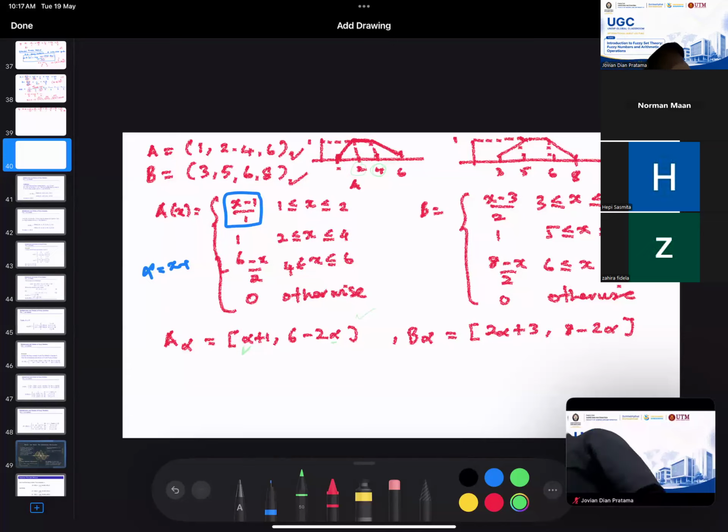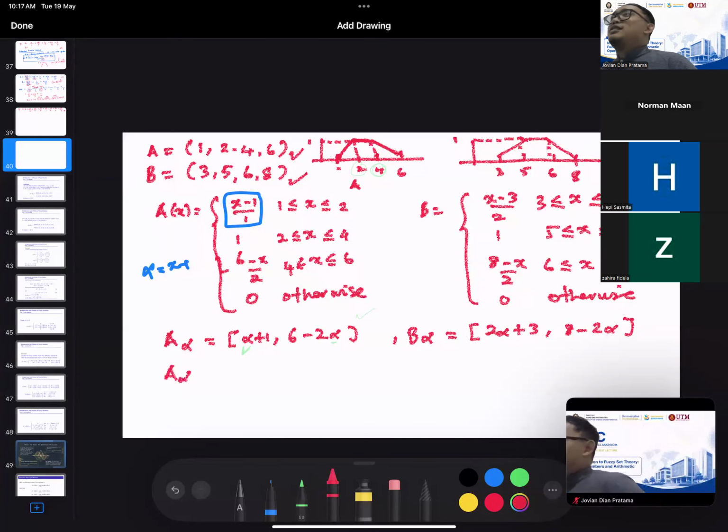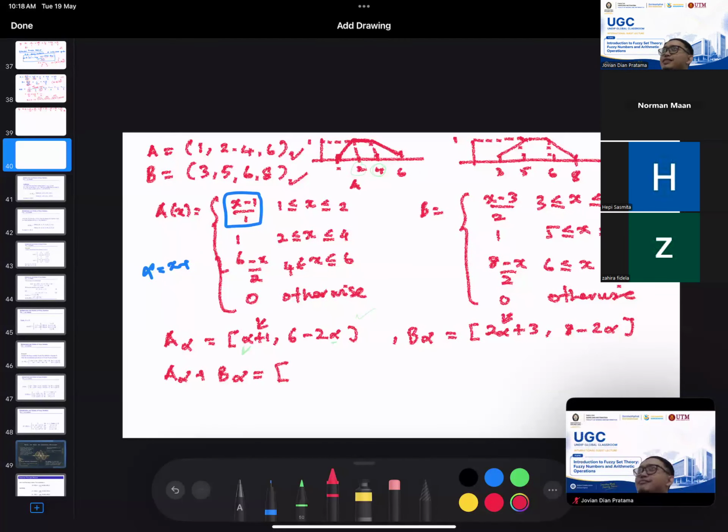So when you have this, the next one is the normal procedure. When A alpha plus B alpha, since this is an addition operation, the methodology is quite straightforward. You just add this value to this one, and then at the other end you add this one to this one. It's very straightforward.